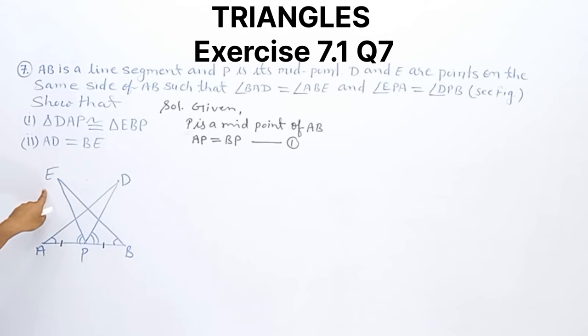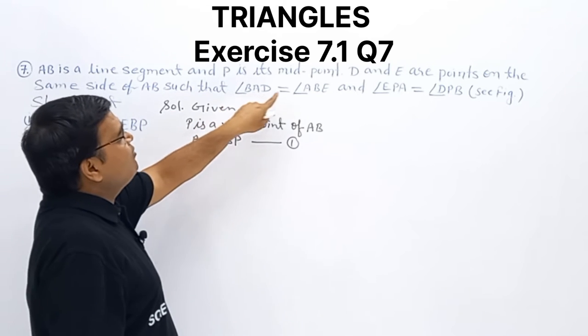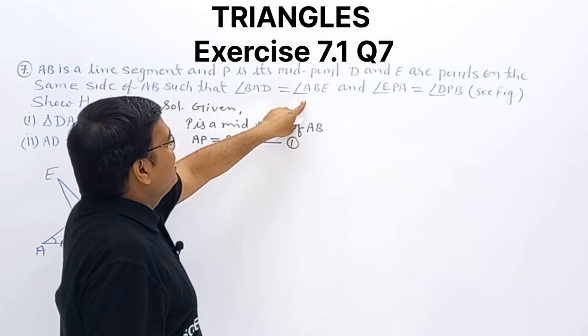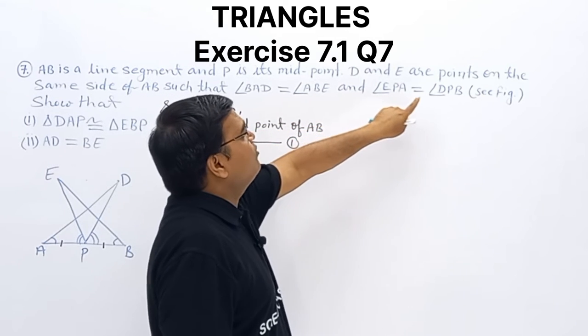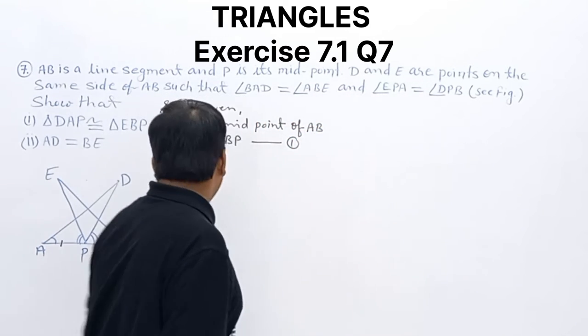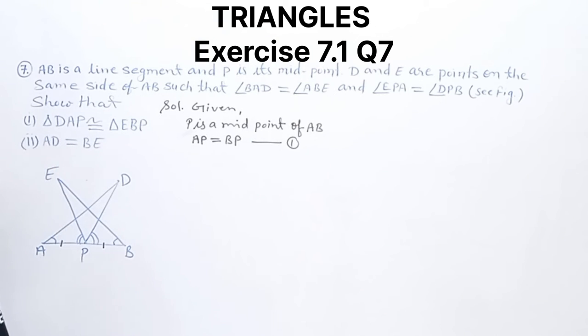D and E are points on the same side of AB such that angle BAD equals angle ABE and angle EPA equals angle DPB. So, two things are also given to us.